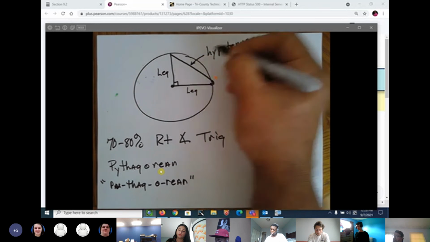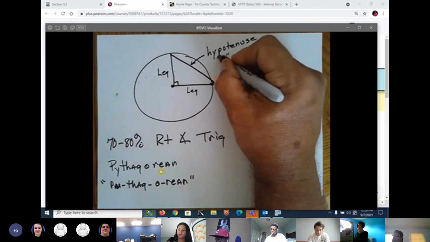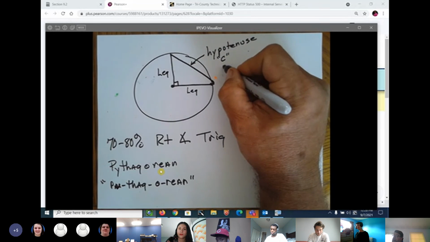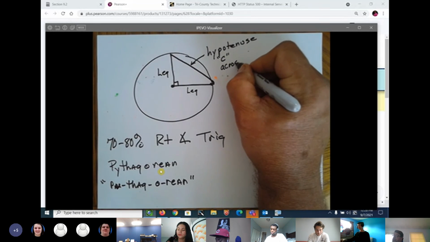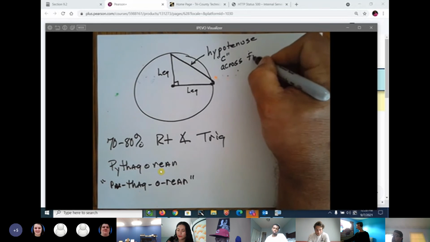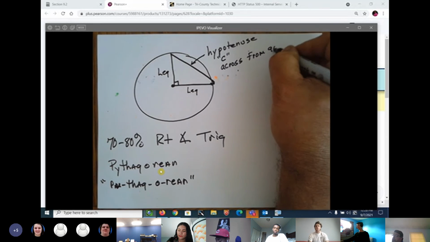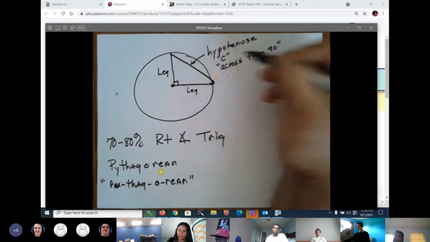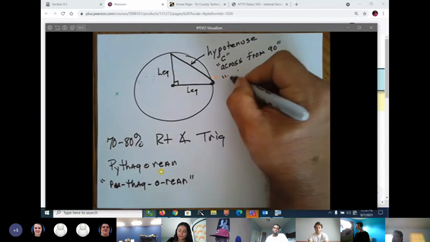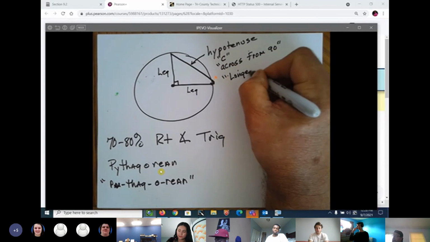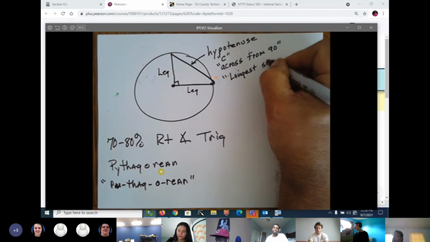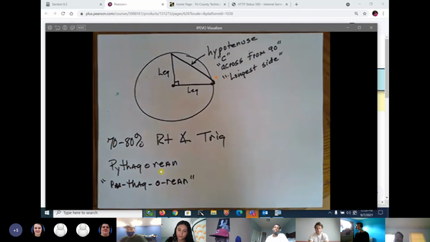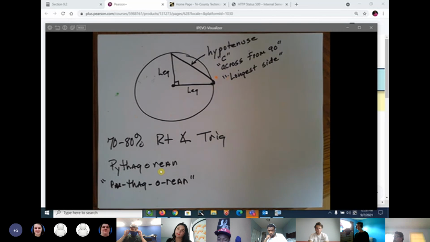And the hypotenuse is always C. It's always across from the 90 degrees. And it's always the longest. Okay, so you need to make sure you write that down. And I'm going to highlight it in pink because you got to remember that.